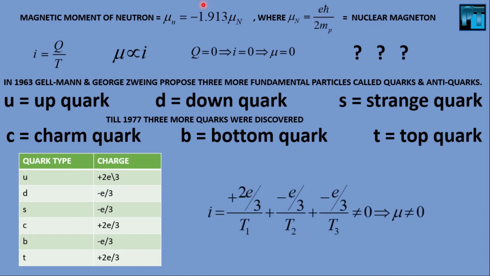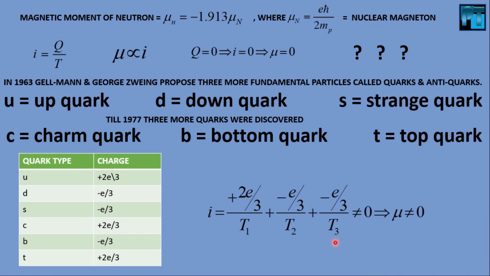Now the problem, I equals q by t. Let it be constructed by u, d, d, with these three charges, but with time periods T1, T2, T3.